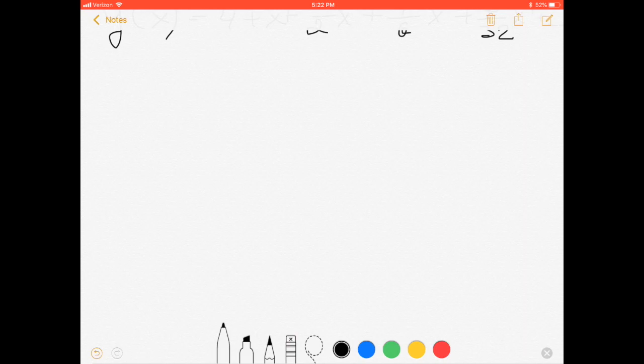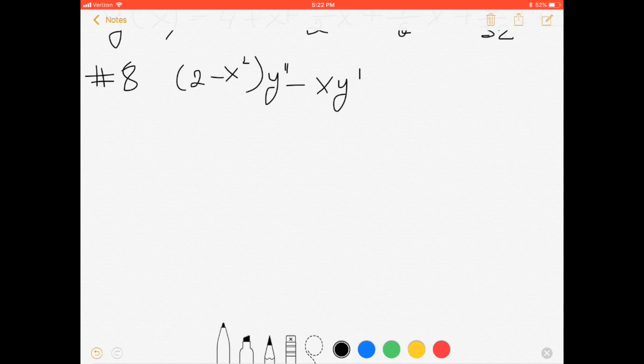I have (2 minus x squared) y second derivative, minus x y prime, sorry guys, plus, I wrote this wrong, x y prime plus 16y, y equals 0.